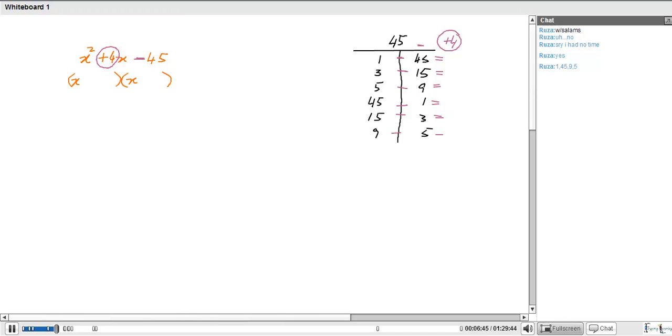So tell me which one is going to give you a positive 4. Here minus 44, minus 12, minus 4, here positive 44, here 12, and the last one you're getting, yes. So which means 9 minus 5 is equal to 4.